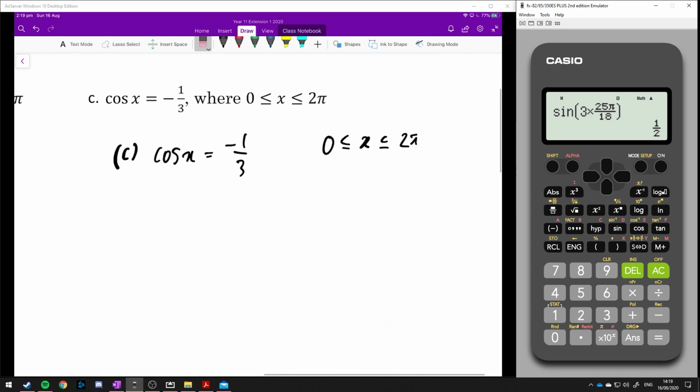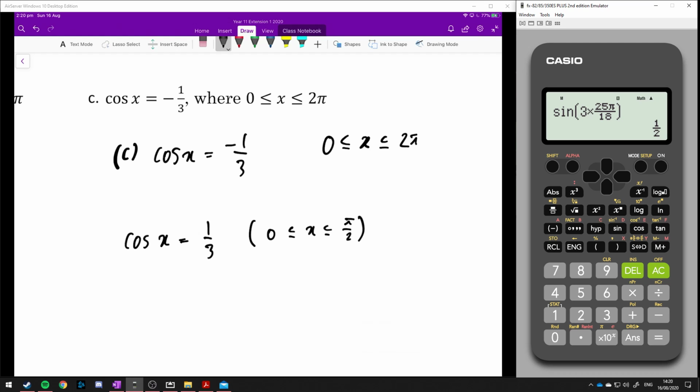So we're going to be essentially subtracting pi and adding pi. In other words, we can work out what the acute angle is, when cos x is equal to 1/3, which is between 0 and pi on 2, or in the first quadrant.